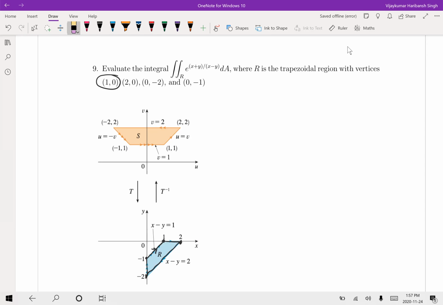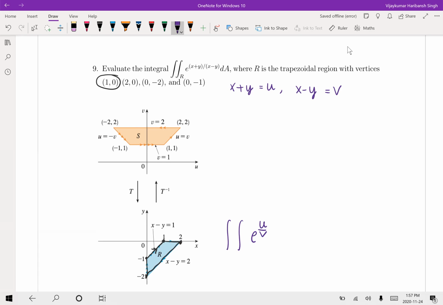Let's use the transformation x plus y equals u, and x minus y equals v. Okay, so now we do that transformation. The integrand becomes u over v.